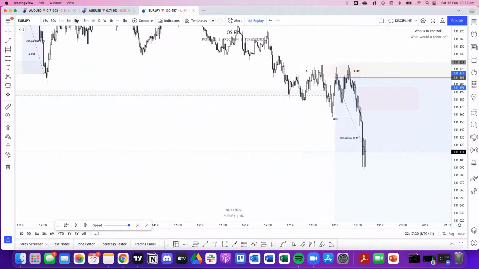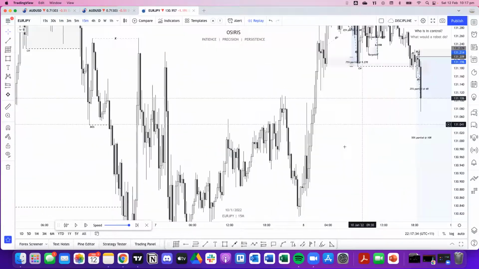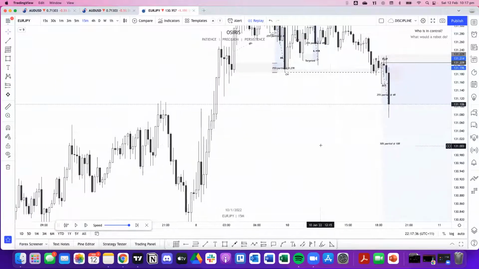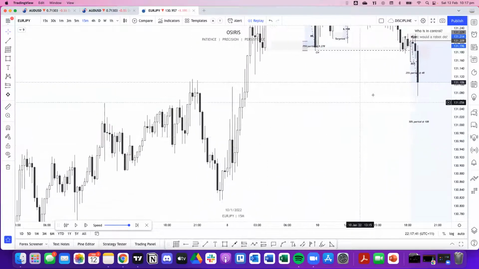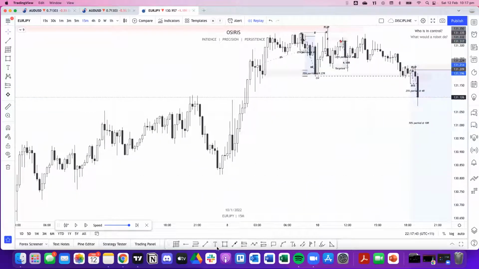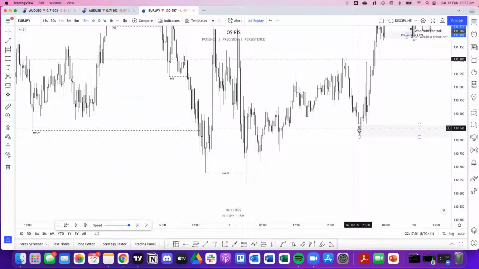Okay. Now, let's identify where the next target should be. So firstly, I was looking at this and there's nothing really nice to target here. Maybe we could target something in this zone. Okay. However, I'm also seeing that this had mitigated this, but we've left a lot unmitigated in this week.